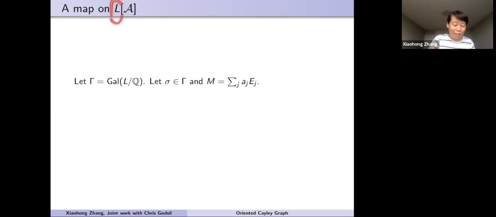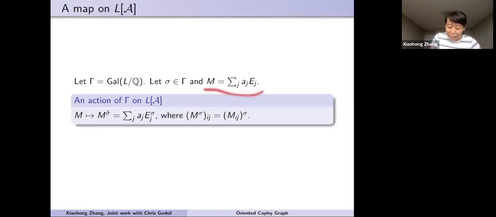All the scalars are from the splitting field, we don't want it to get larger. So if all the eigenvalues are in the field L, then all the entries of this idempotent are in the field. These scalars are also there to make sure our M is in this algebra. So the map sigma hat keeps the scalars, so it is L-linear.